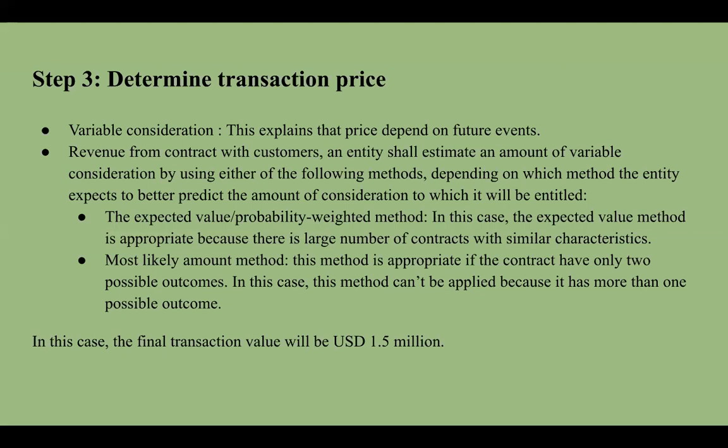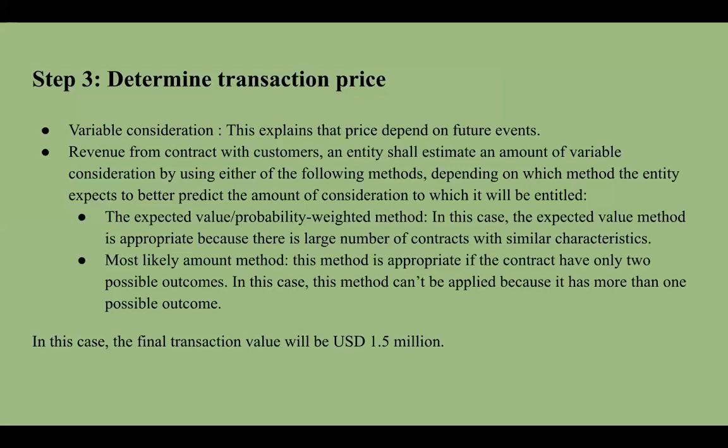According to ASC 606-10-32-8, the entity estimates the amount of variable consideration using one of the following, depending on which the entity expects to better predict the amount of the consideration to receive. First is the expected value, the probability-weighted model.